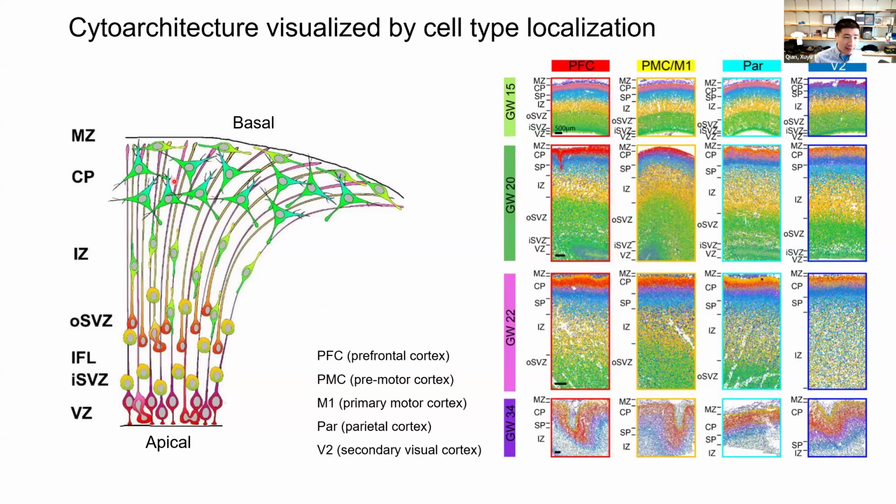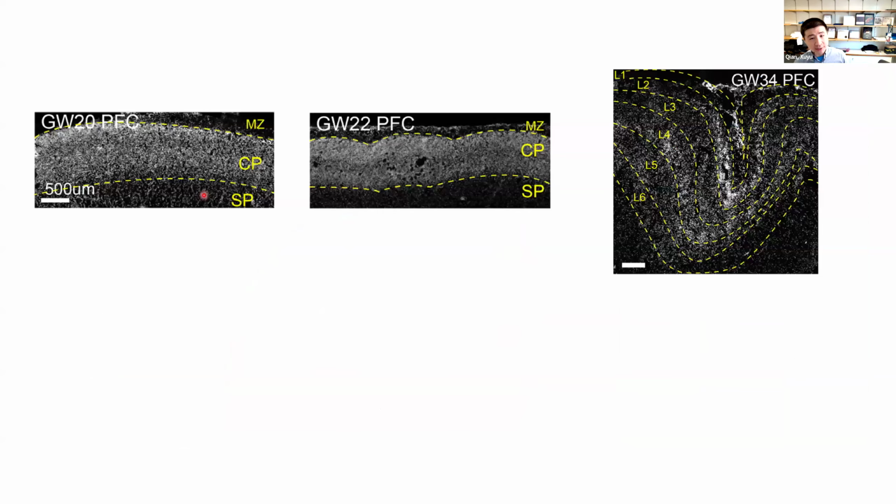And we can focus on the cortical plate where the neurons are. This is a developmental structure that later becomes the gray matter of the cerebral cortex, where you have the so-called six-layer structure. But that six-layer structure has been defined based on the morphology that I showed you earlier. During the mid-gestation development that we are looking at, around gestation week 20 or 22, the cortical plate is just all these neurons that are densely packed next to each other without any morphological differences between the layers.